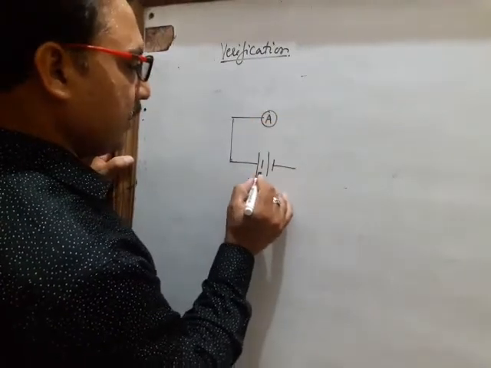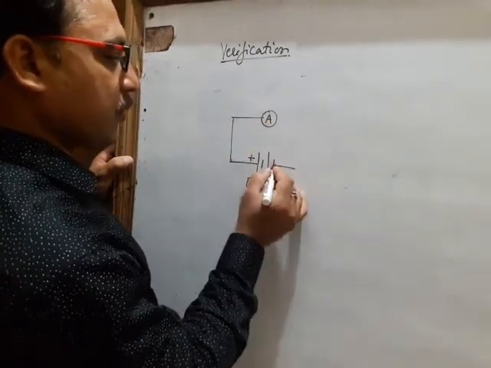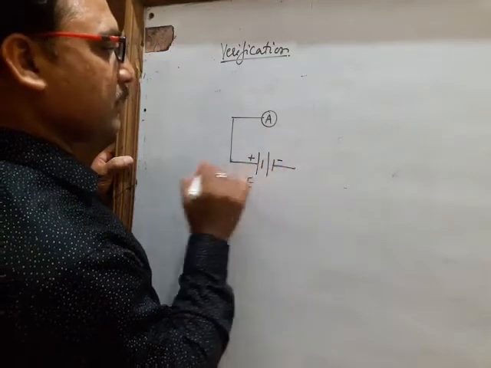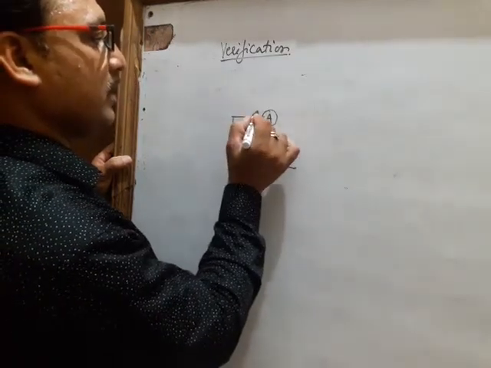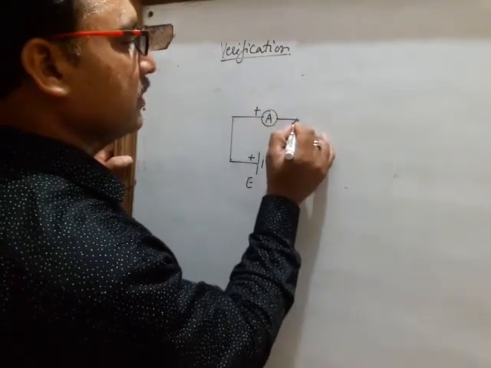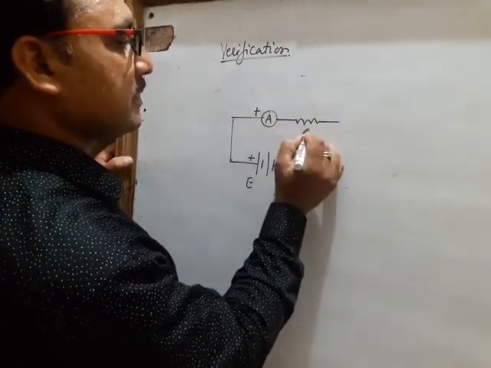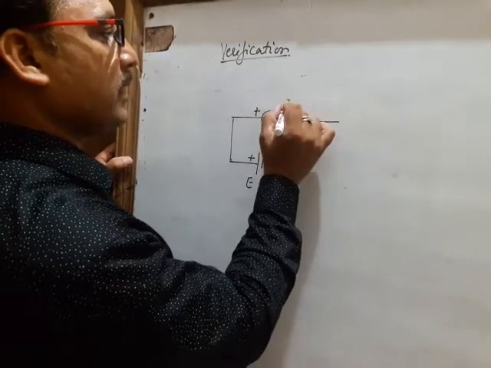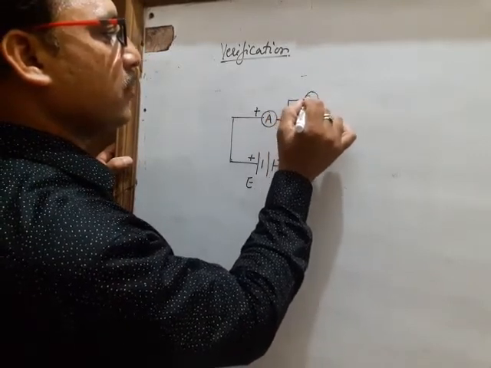You connect a battery. This is the big plate, the small plate. This is plus, this is minus. You connect an ammeter whose plus is this side. Then you connect one resistor like this. This is R. And in parallel with the resistor you connect one voltmeter.